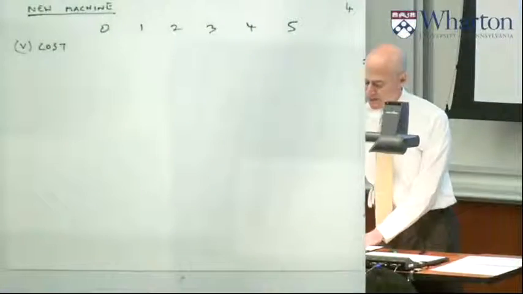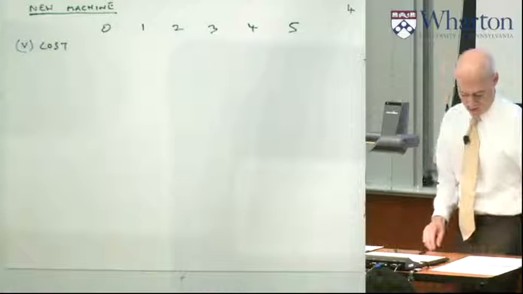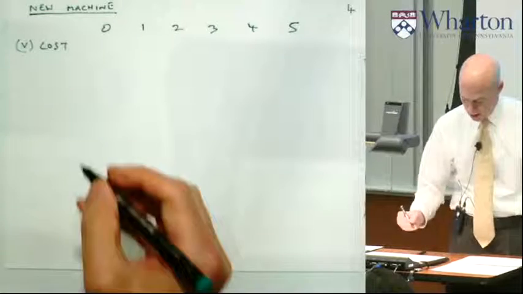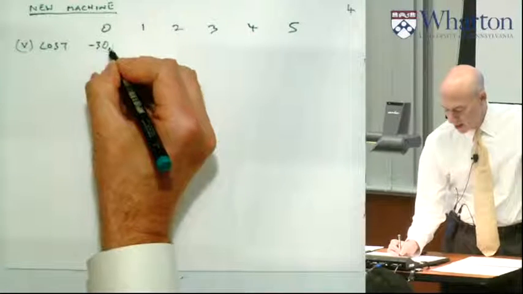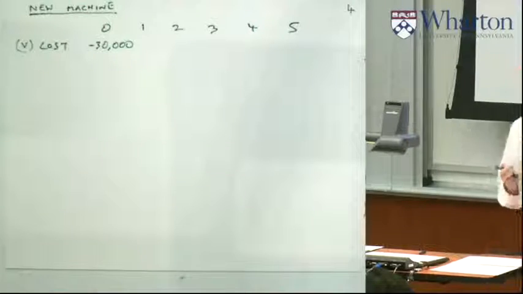So this part is the marginal cash flow. Okay, at date 0, we pay this cost. So we've got minus 30,000. What's the tax effect? You buy an asset, how do you take account of the tax issues?